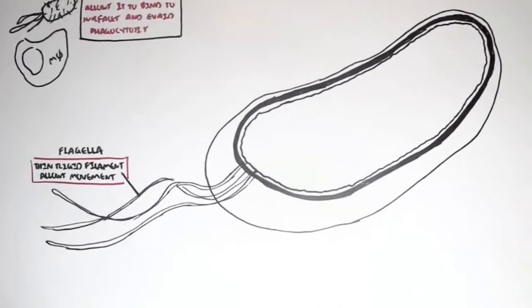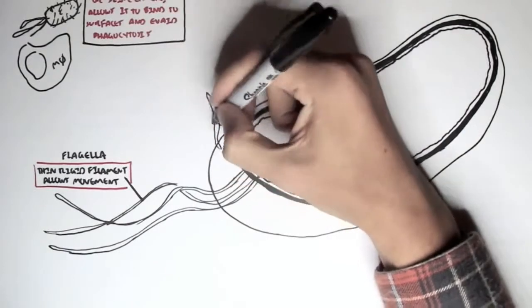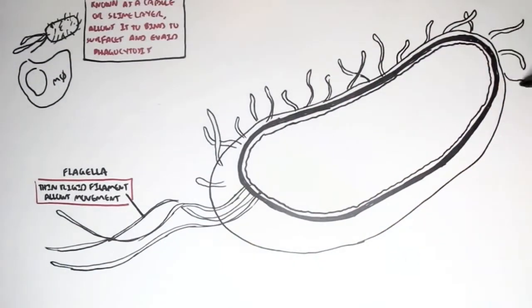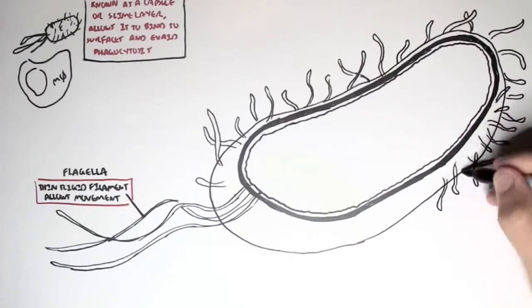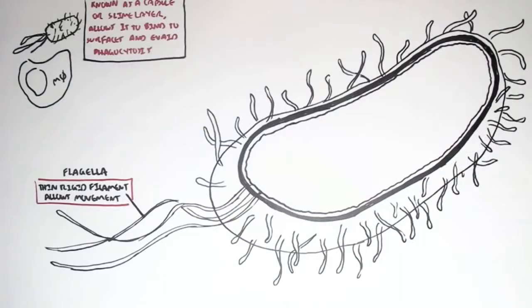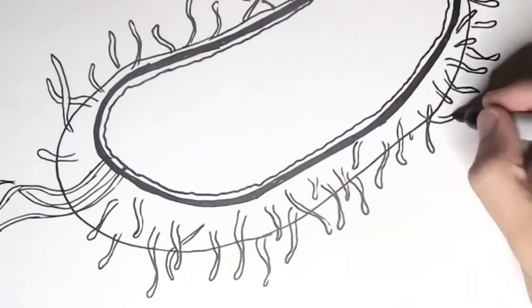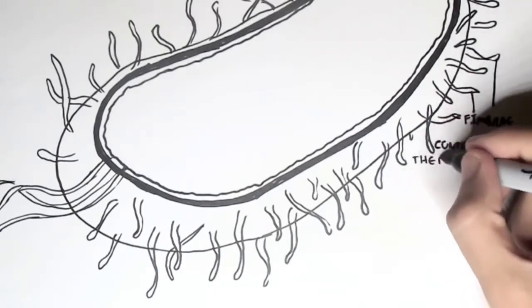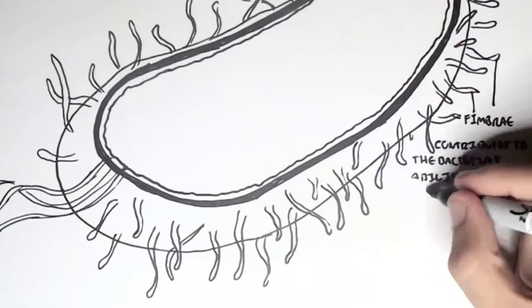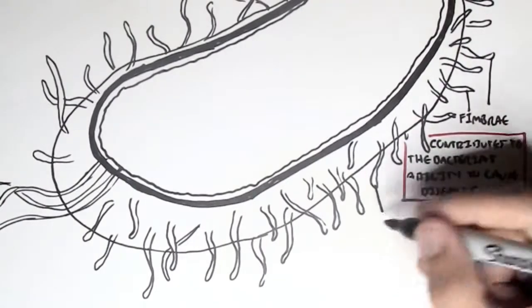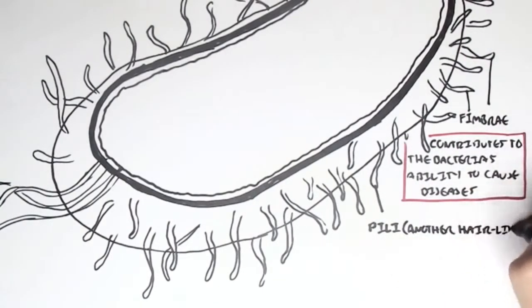Bacteria can also possess hair-like appendages coming out of their surface. There are two types of hair appendages, fimbriae and pili, and these are sometimes used interchangeably. A pili is typically shorter than a fimbriae, but they essentially do the same thing. The fimbriae contribute to the bacteria's ability to cause disease by binding onto the surface of a cell in our body, for example.